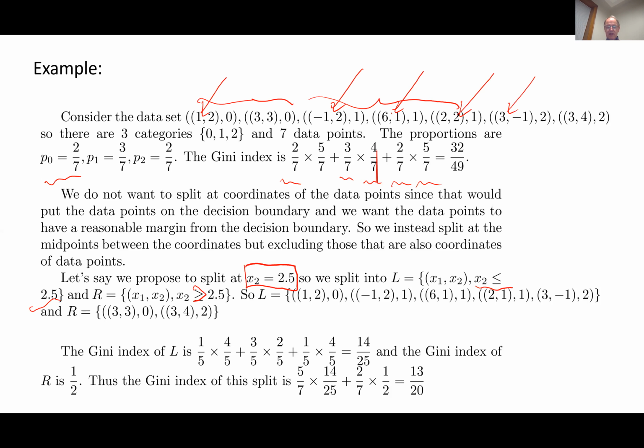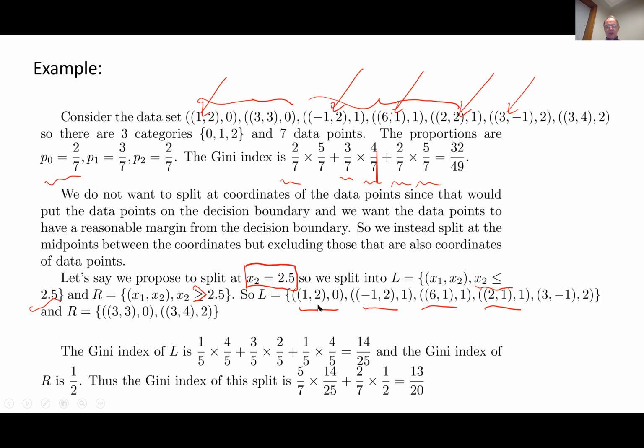So the left node is going to contain these. Your picture is blocking one of my points. But we end up with the points where, what we had 4, we have 3 and 4.